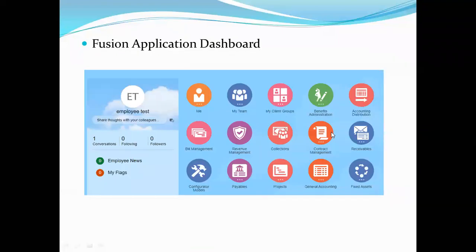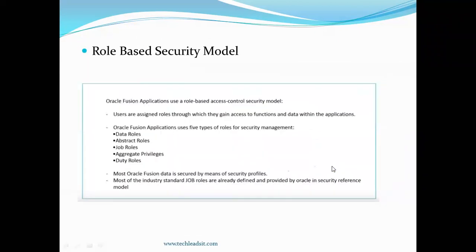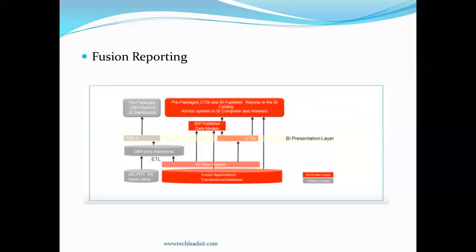In our dashboard, Oracle provided one dashboard called Reports and Analytics. With the help of Reports and Analytics, we are able to create reports like BIP and OTBI. On the left side, you can see some ETL features, the Oracle OBI data warehouse.